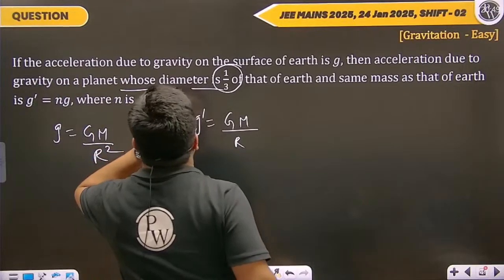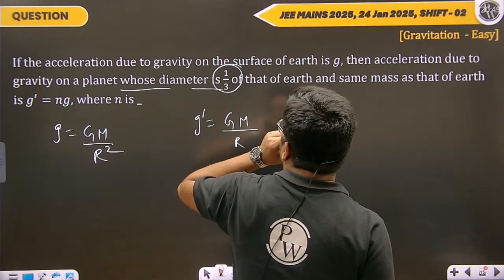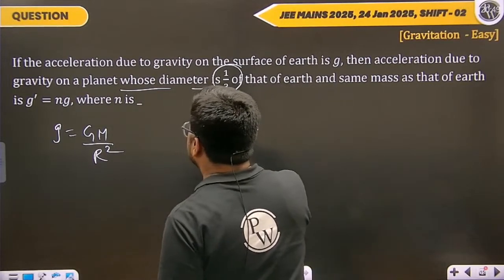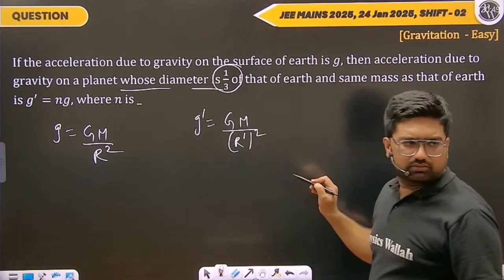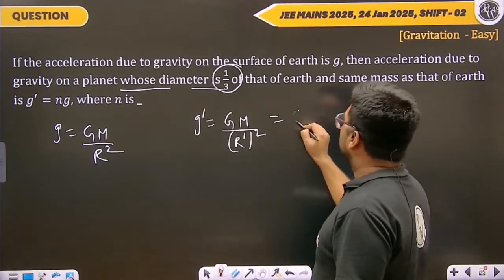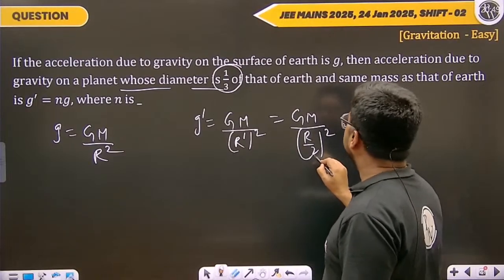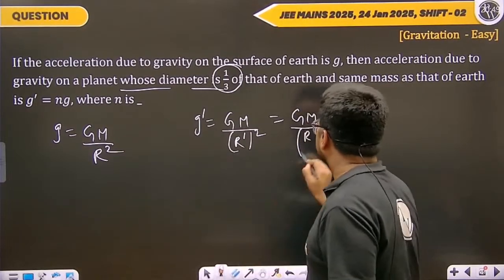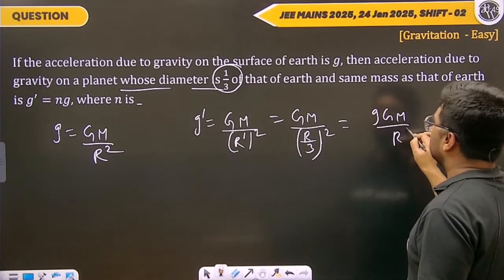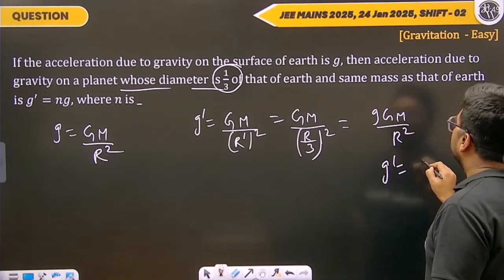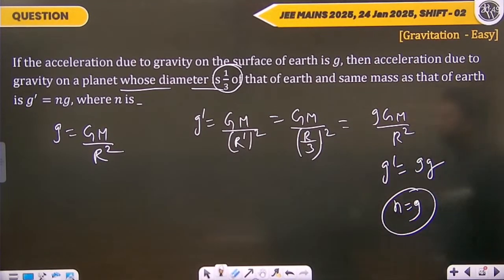If the acceleration due to gravity on the surface of Earth is g, then on a planet where the diameter is 1/3 that of Earth, g dash is GM by R dash square, with R dash being R by 3. So it becomes 9 GM by R square, which is 9 into g, so n is 9.